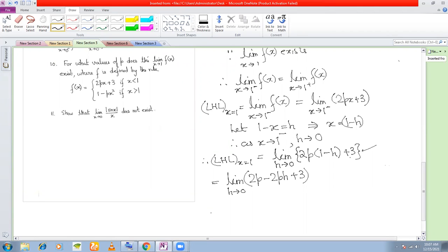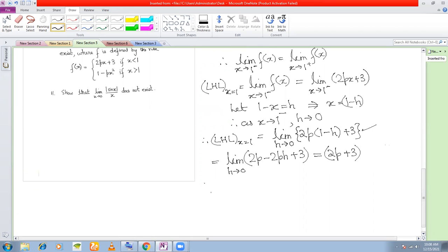Okay. So what do you have? You have 2p minus 2ph plus 3. So if you put now h is equal to 0, you get 2p plus 3, right? This is what you're getting, the value of the left hand limit. Now we proceed to find out the right hand limit.